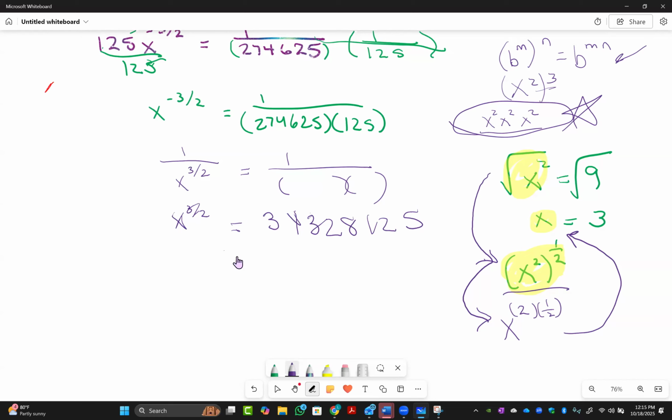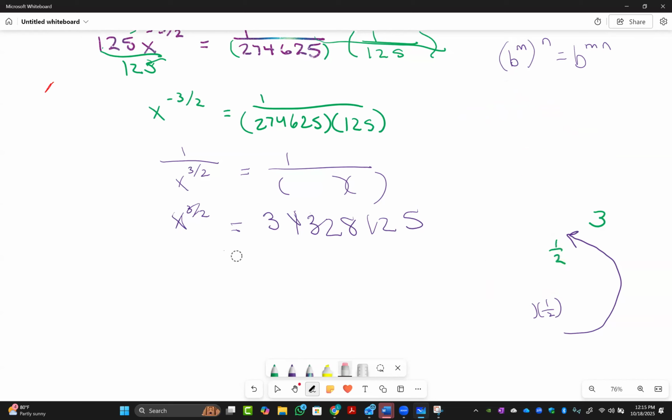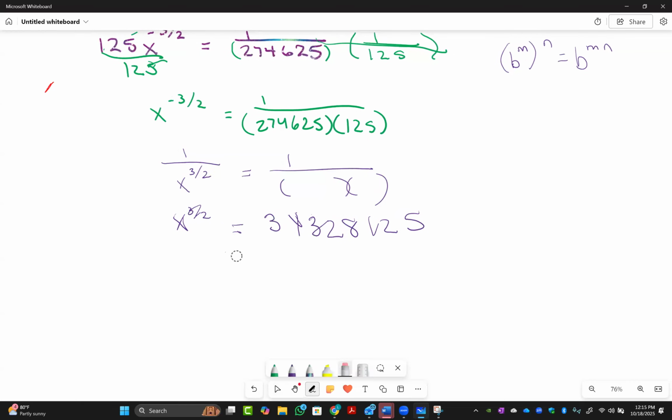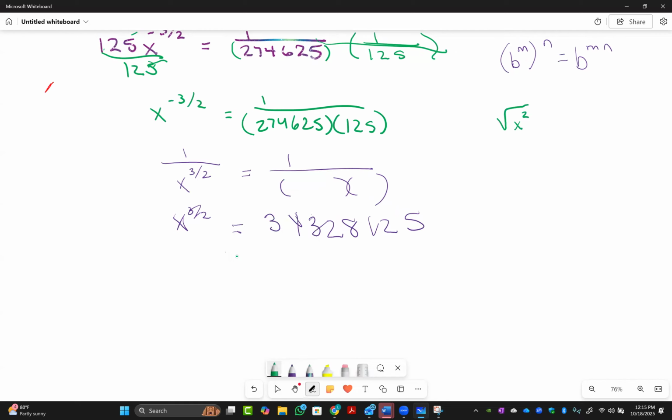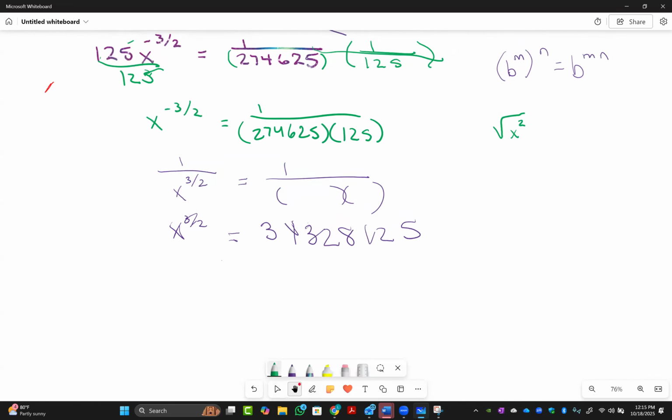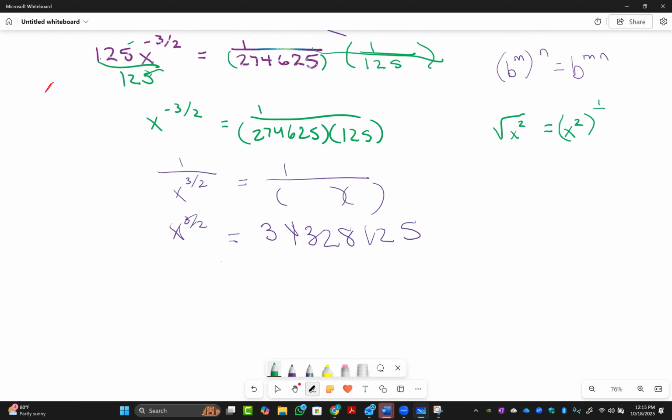So we have that rule that says if I have something to a power, let me go in order. I have the square root of x squared, right? That would be the same as x squared to the 1/2 power, isn't it?